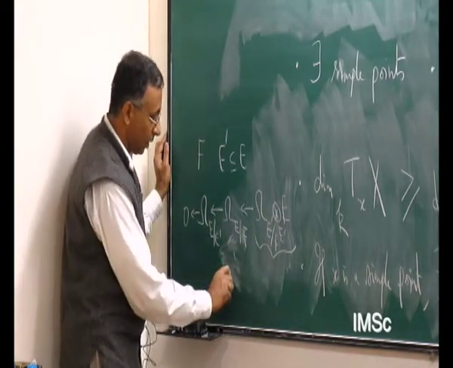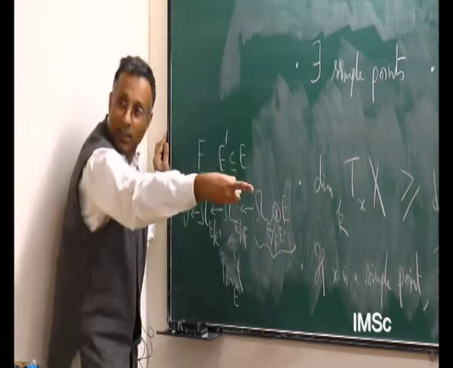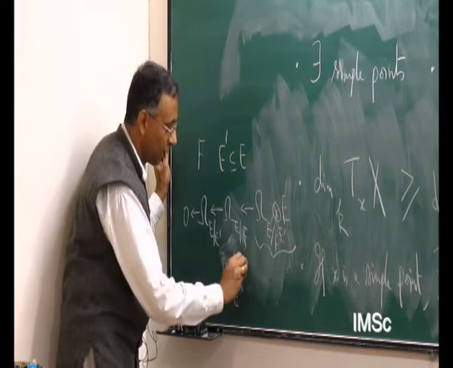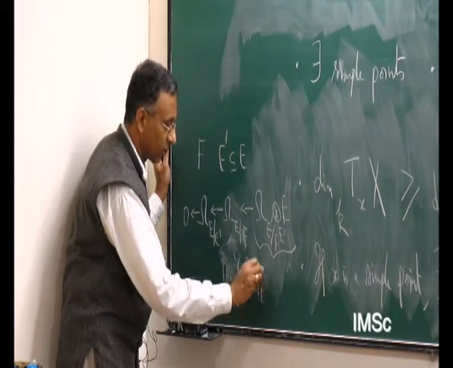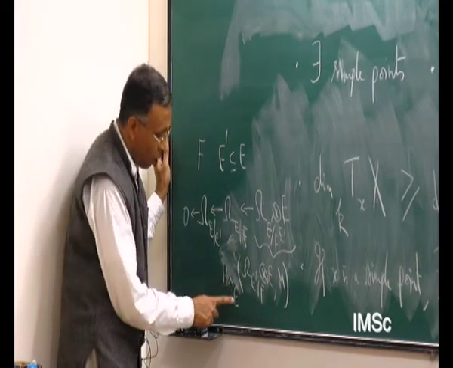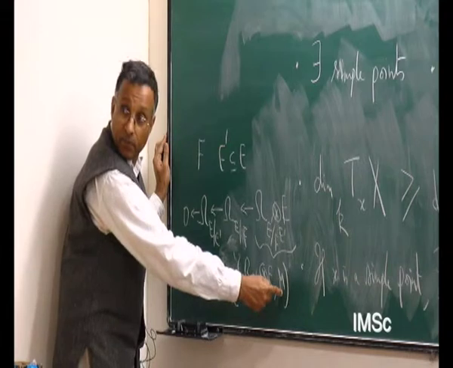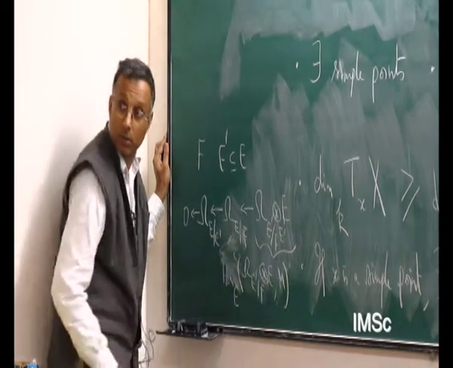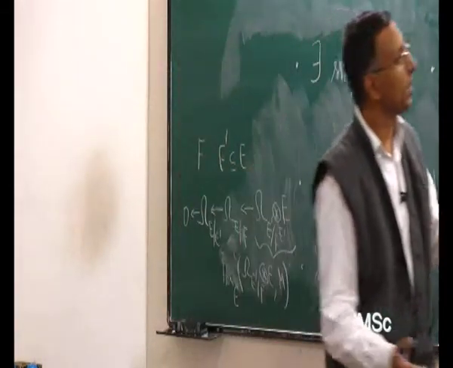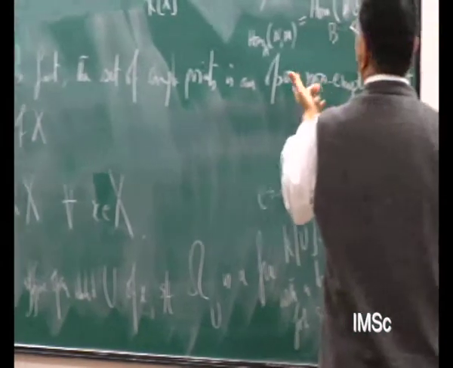We wrote Hom as E modules of this tensor product into an E module or E vector space M as the same thing as Hom of E prime of this into M, and then you got some derivation. So we used this. And why is this?